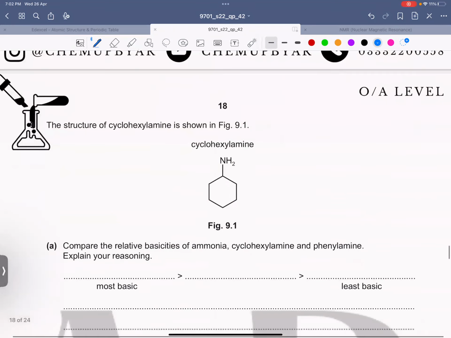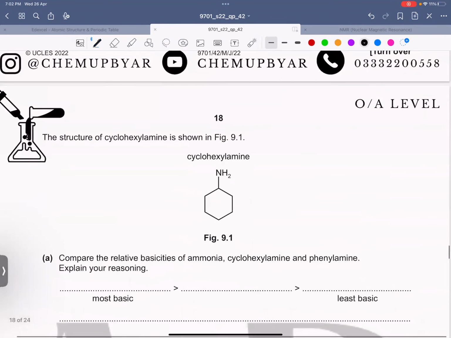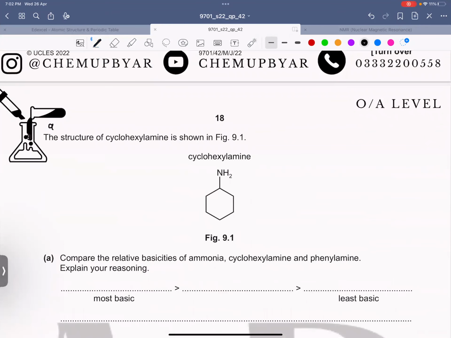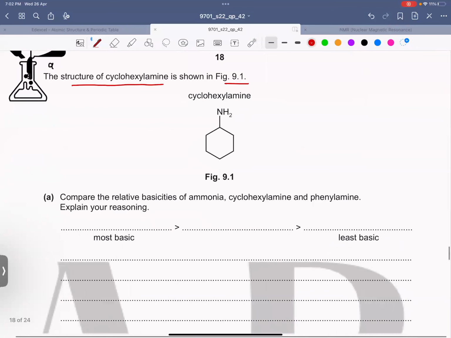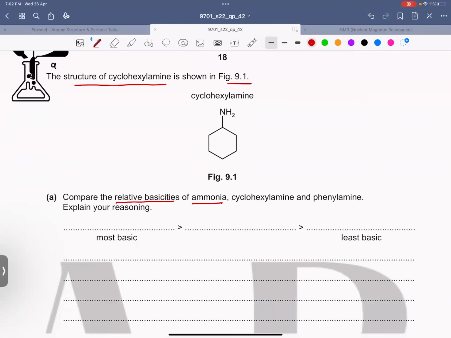Okay. Next question. It's question number 9. The structure of cyclohexylamine is shown in figure 9.1. Compare the relative basicities of ammonia, cyclohexylamine, and phenylamine. So basically, relative basicity, if you recall, depends upon the lone pair.